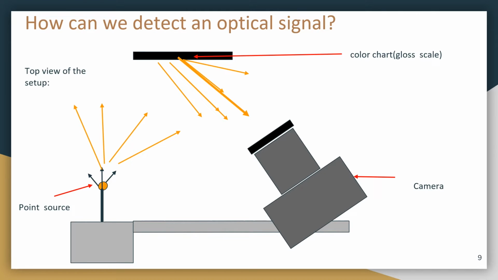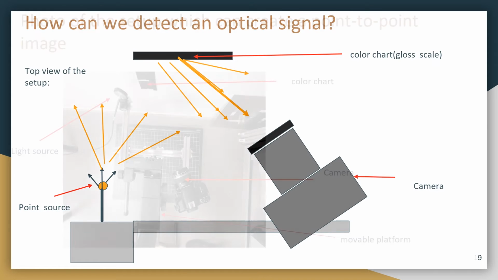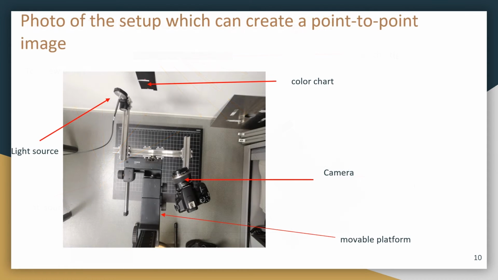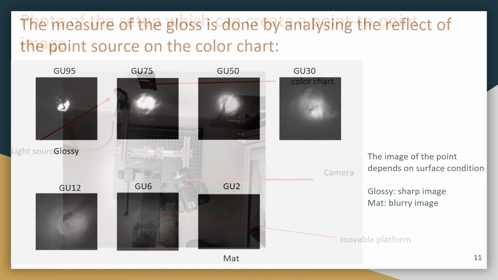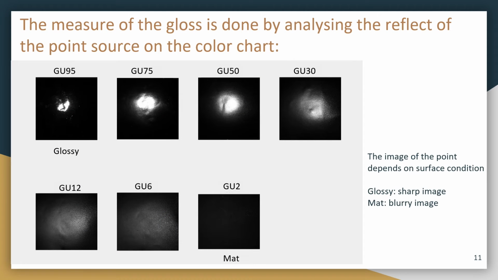We use different types of surface, from the glossier to the matter. Here is a photo of the setup, which can create a point-to-point image. As you can see, we have many samples which are using different types of glossier surface.